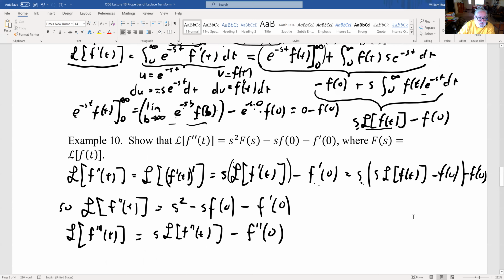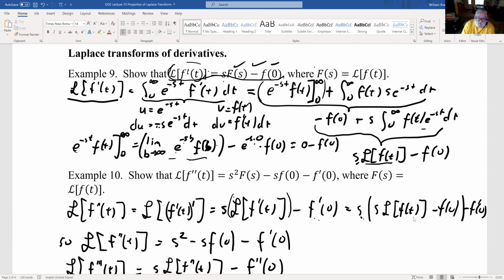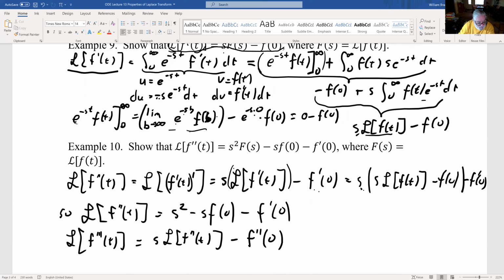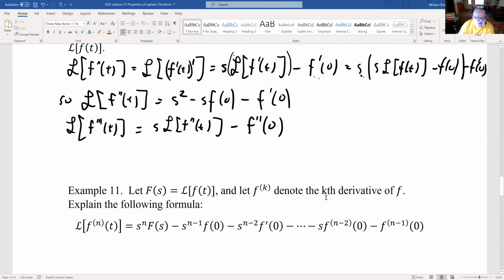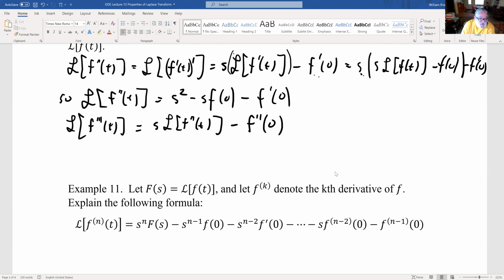So it's just taking the formula for the first derivative and saying, well, the third derivative is the derivative of the second derivative. We know what taking the Laplace transform of a derivative is. It's s times the Laplace transform of the function minus the function at 0. So, but we know what the Laplace transform of f double prime is.